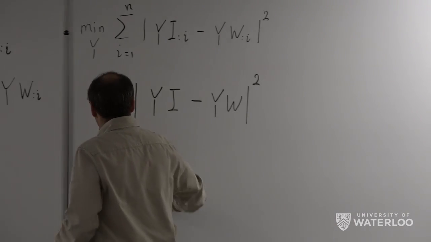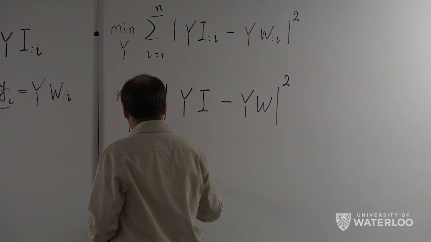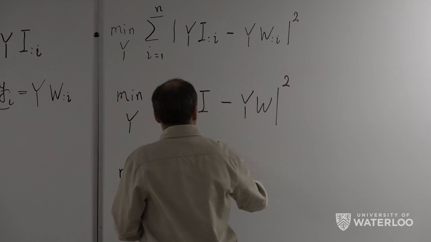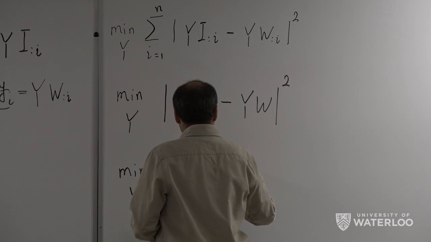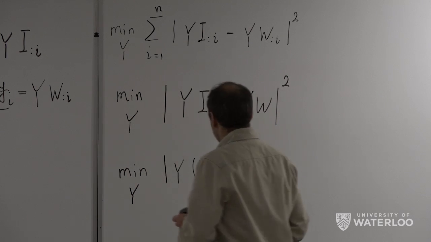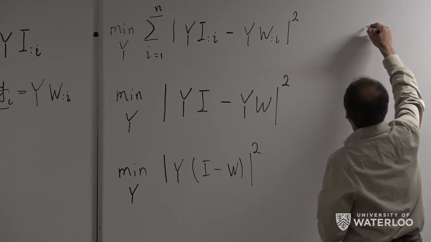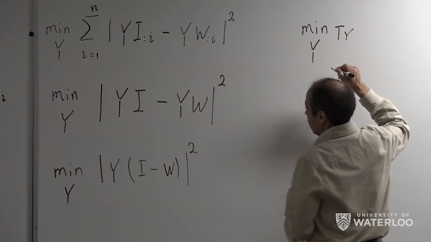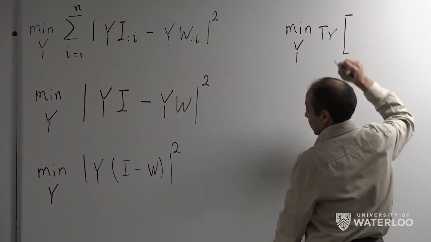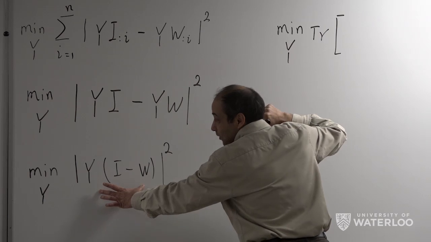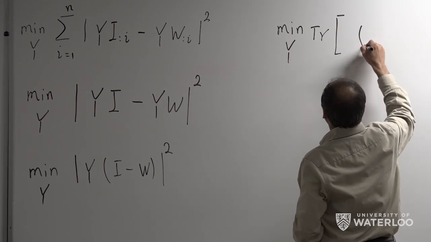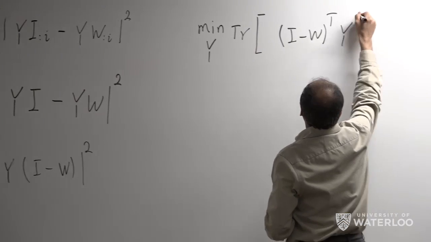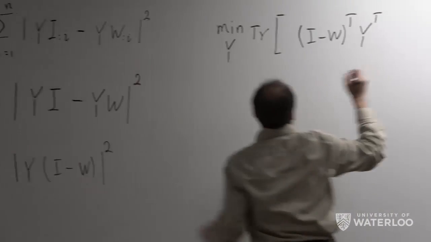Before I turn it to trace, let me write it this way. And then I will turn it to trace. So it's the trace of this matrix transpose, which is (I minus W) transpose Y transpose, times the matrix.